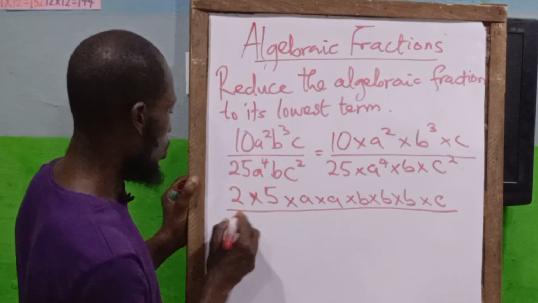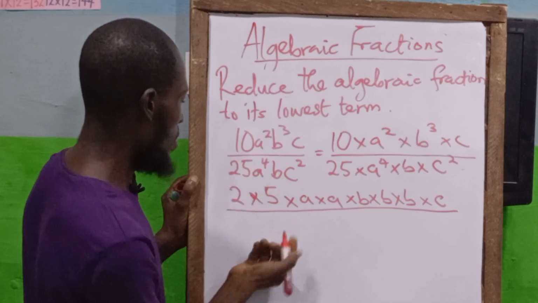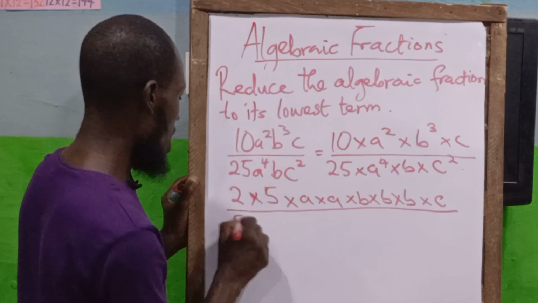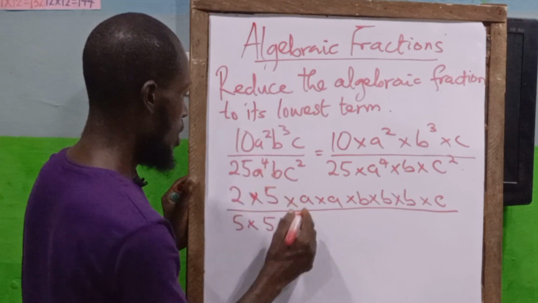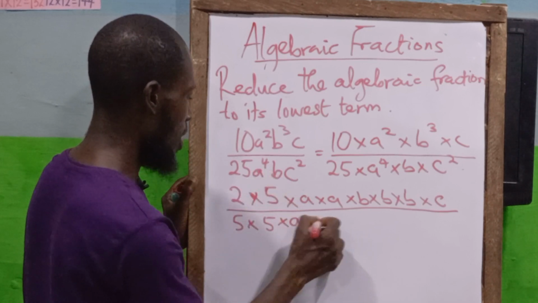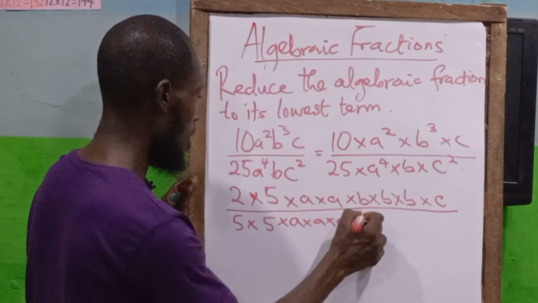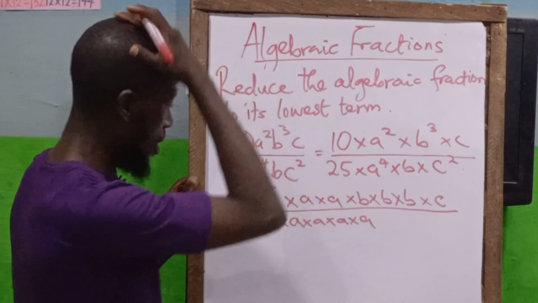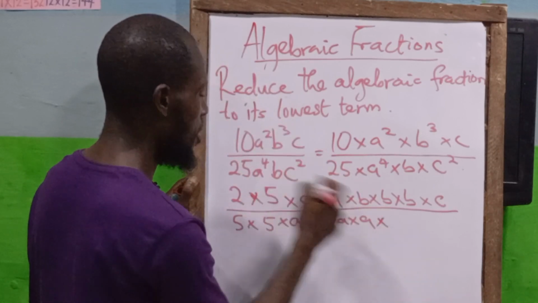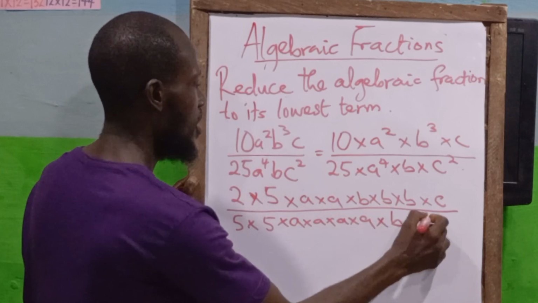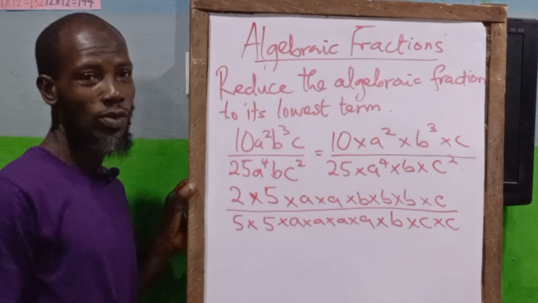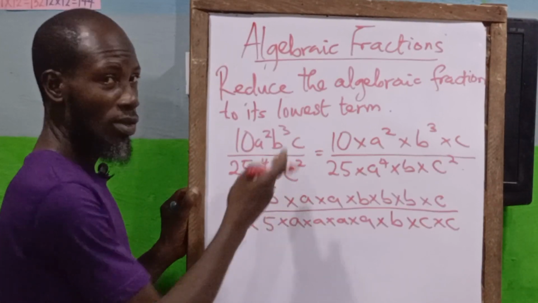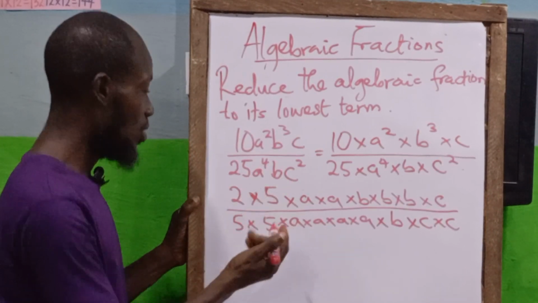We also have 25, which can be expressed as 5 times 5. Then a raised to power 4, a times a, repeated in 4 places, times b times c times c. Now we can cut out the common factors.